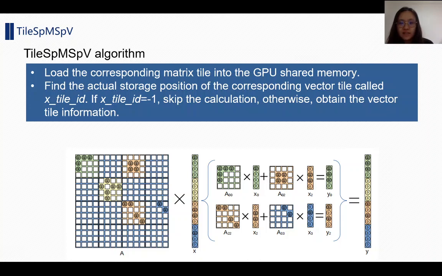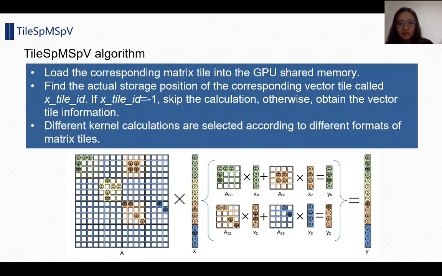If the xtile ID is equal to -1, it means that the vector tile has no non-zero elements, and the corresponding matrix tile doesn't need to be calculated. Otherwise, get the true vector non-zero elements. Finally, according to different formats of the matrix tile, different ways of multiplication can be performed.